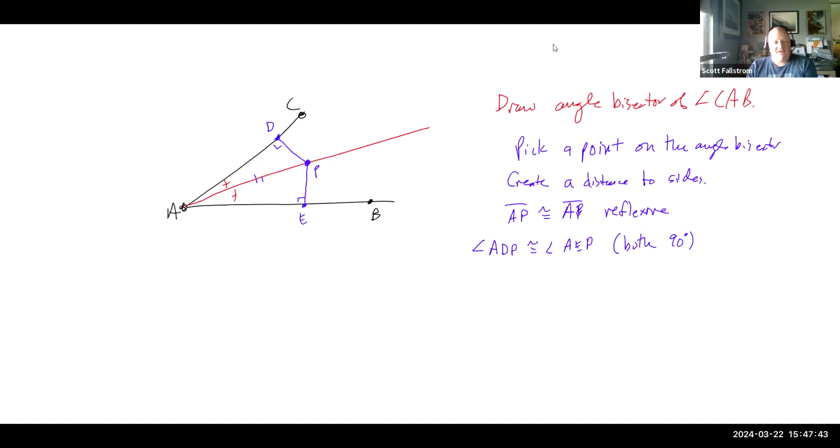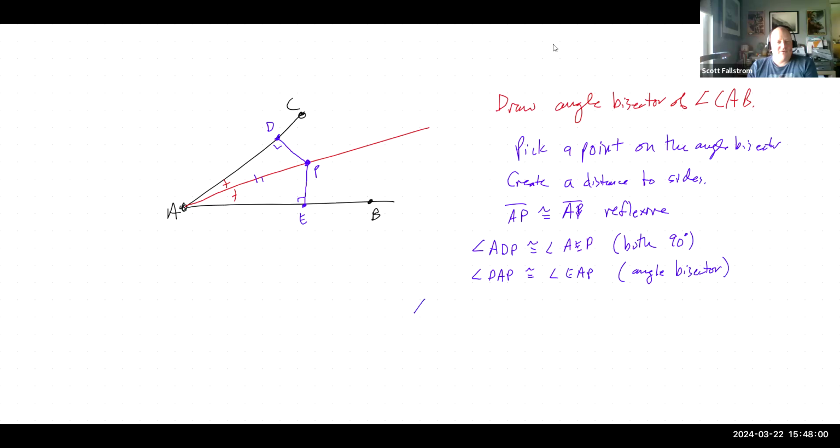And angle DAP is congruent to angle EAP because it's the angle bisector. And now you have two congruent triangles.